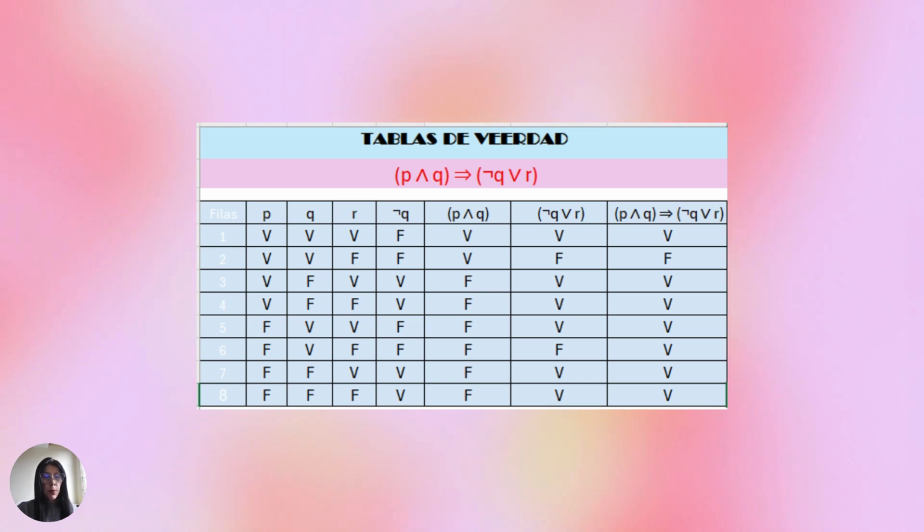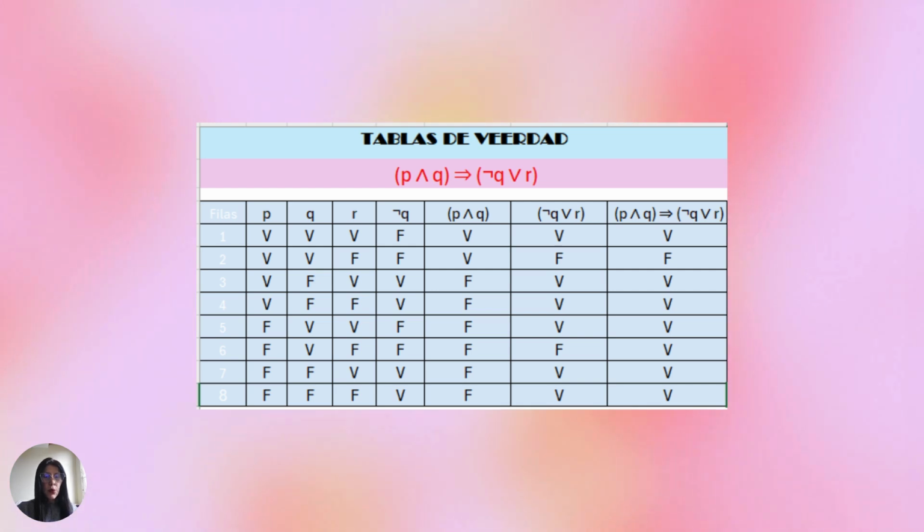But if both of the statements are false, the result is going to be false. For example, in that case, true and true is going to be true. But in the case of false and false, the result is going to be false.